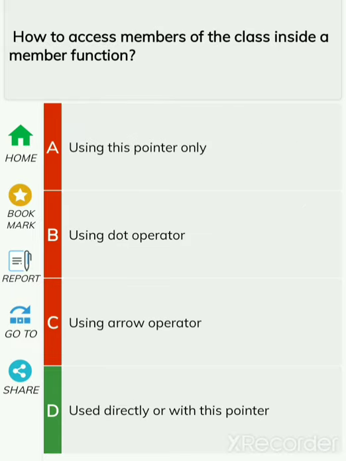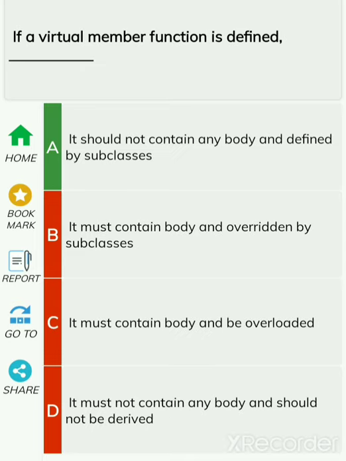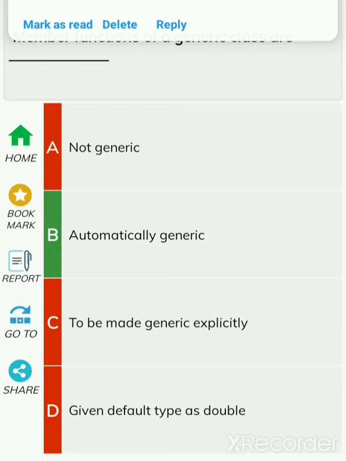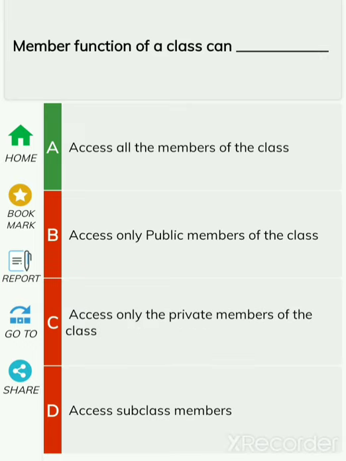How to access members of the class inside the member function? Use directly or with this pointer. For overloading operators, a class must be non-static member and should not be friend of class. If a virtual member function is defined, it should not contain any body and is defined by subclasses. Member functions of a generic class are automatically generic.